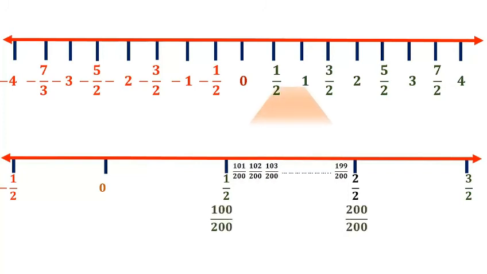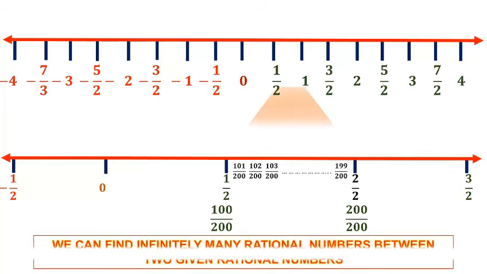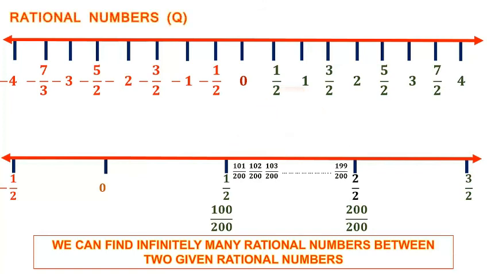And again 1 by 2 as 100 by 200 and 1 as 200 by 200. Now listen, 101 by 200, 102 by 200, 103 by 200 and it goes on. Like this, we can make many rational numbers between two rational numbers.